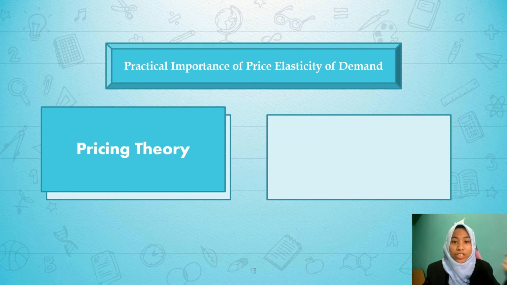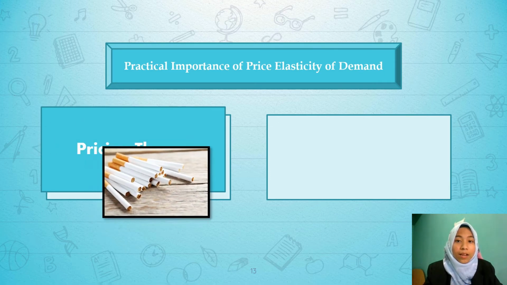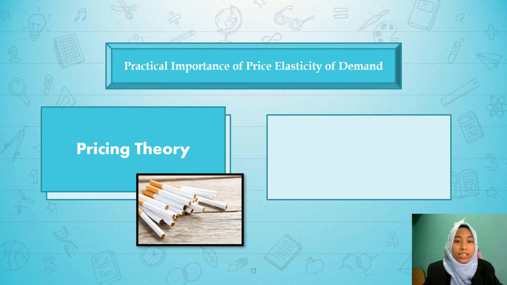Monopolist organizations can practice price discrimination if products are elastic for one group of people and inelastic for another group. Price elasticity of demand gives information about the effect of the price change on total revenue. For example, when the price of cigarettes increases, the total revenue increases because the demand for cigarettes is inelastic.